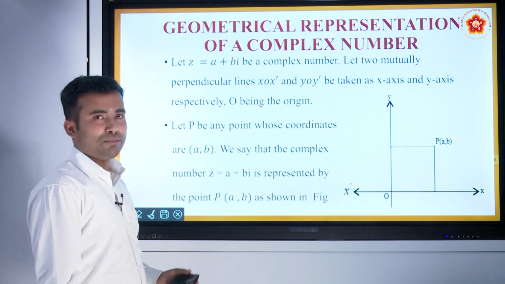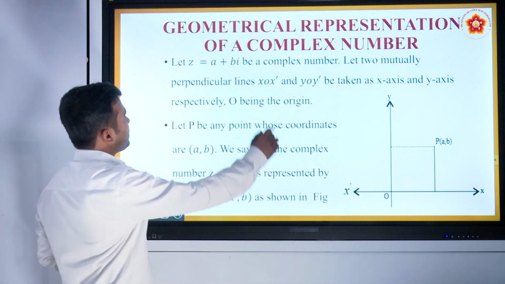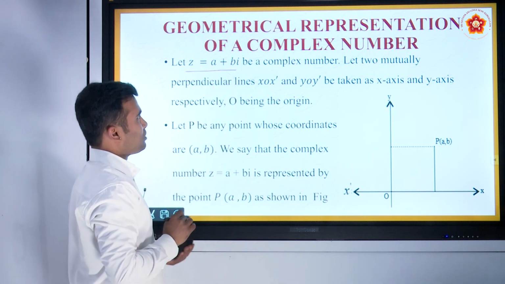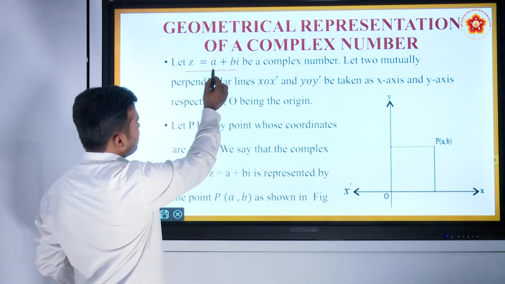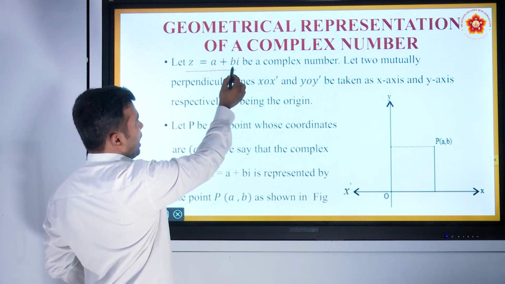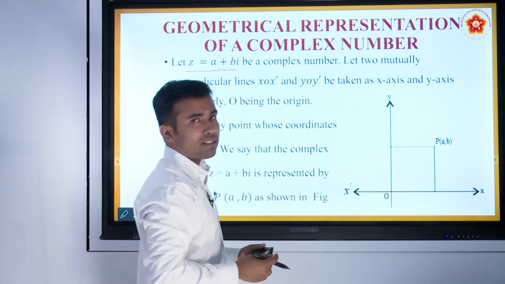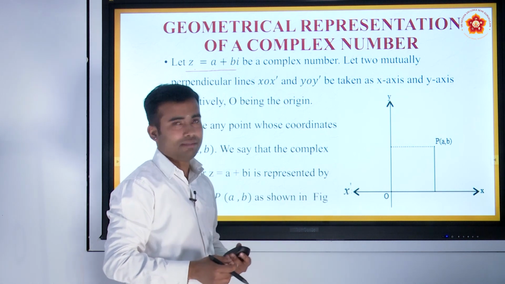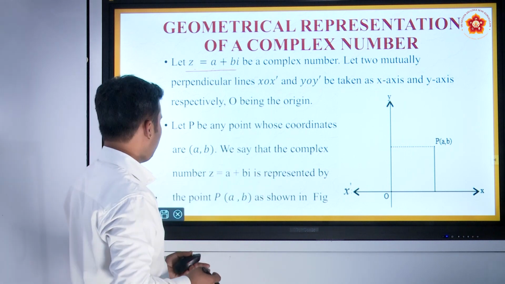Next we have the geometrical representation of a complex number. We can represent a complex number in the form z equal to a plus bi, where a and b are real numbers, a is the real part of z and b is the imaginary part of z, that we know, right? Here let us represent this complex number in a graph, in the xy plane.